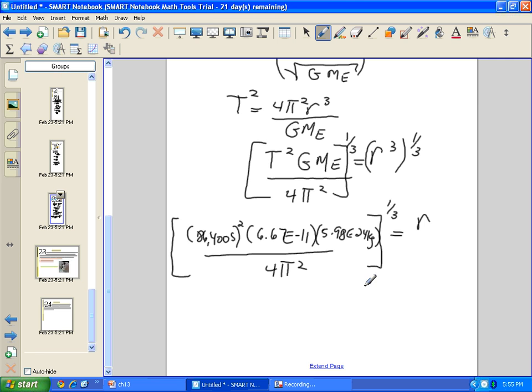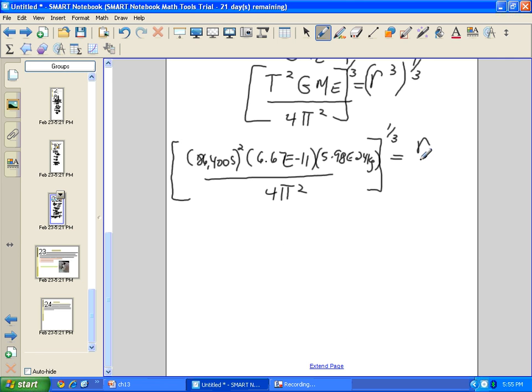Now, here's something we do at this point. We recognize that r is equal to re, the radius of the Earth, plus h. So how about we rewrite this expression and subtract re from this number?